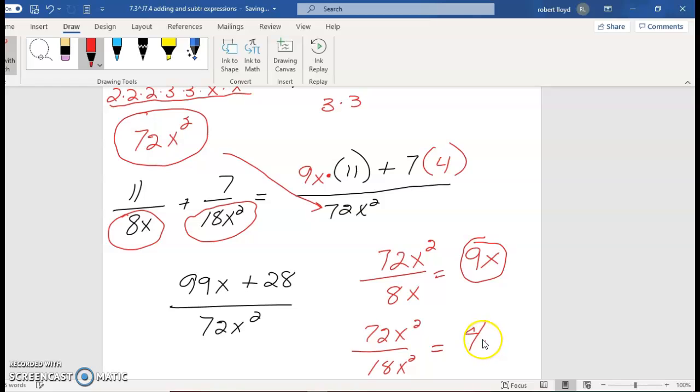In this case, we get 4, and we got 7 fours, so we take 7 times the 4. So the 9x times the 11 is 99x, and the 7 times the 4 is 28, all over our common denominator, 72x squared.